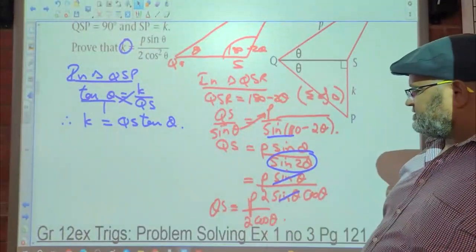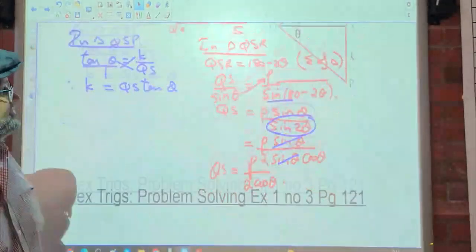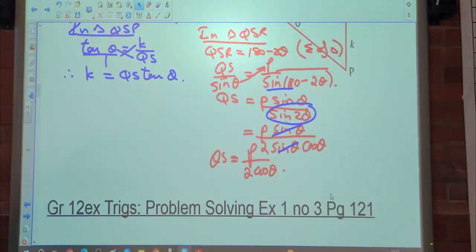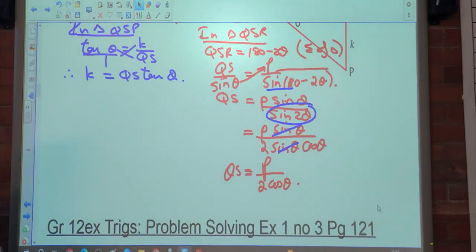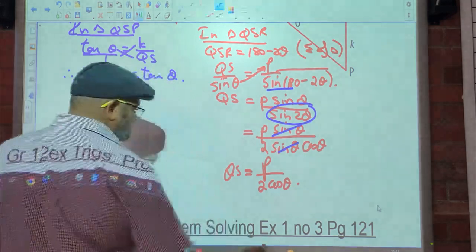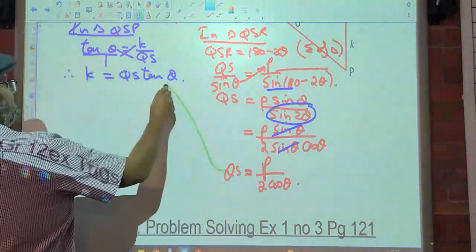Have you answered the question? No. So what do I do now? You replace QS with P over 2 cos theta. You see that? So we put this into there.